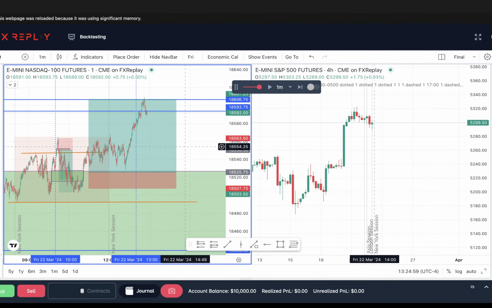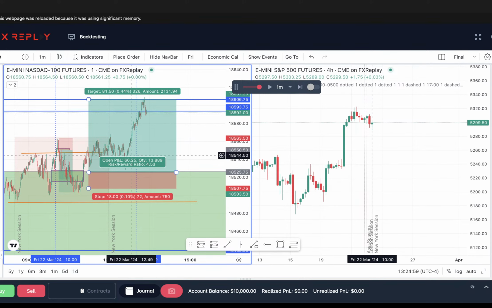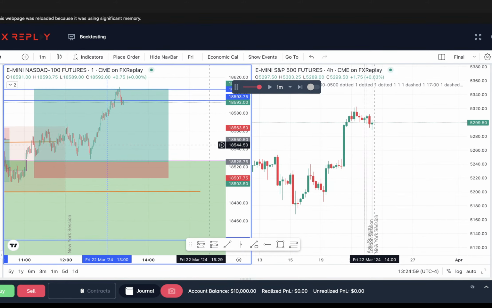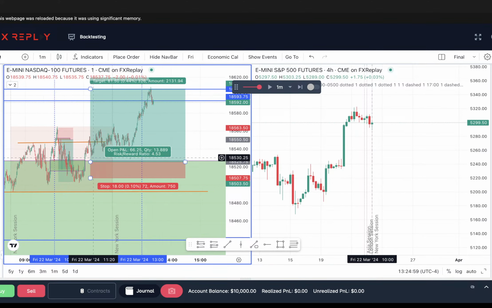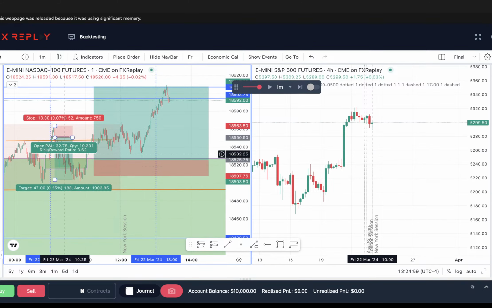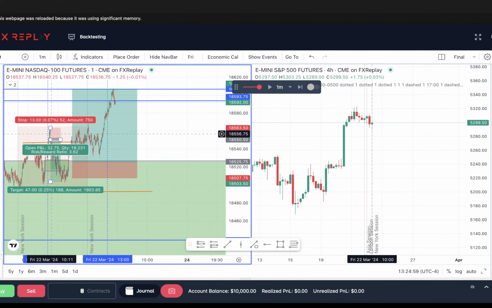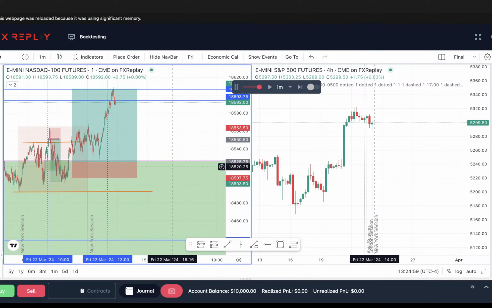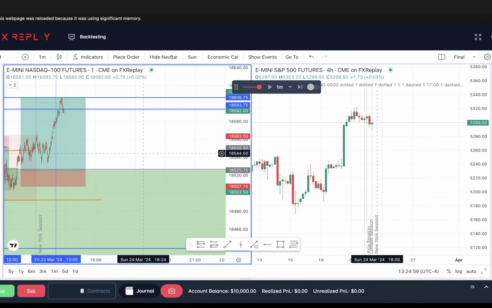So that's why people who go in with a bias, it's nice if you know what you're doing. But as beginners, you can trade this 10 a.m. reversal without a bias. And I don't trade bias because I only trade for an hour or two a day. This reversal could have happened at 2 p.m., after lunch.